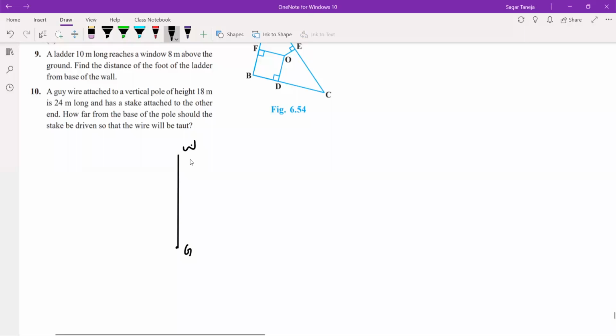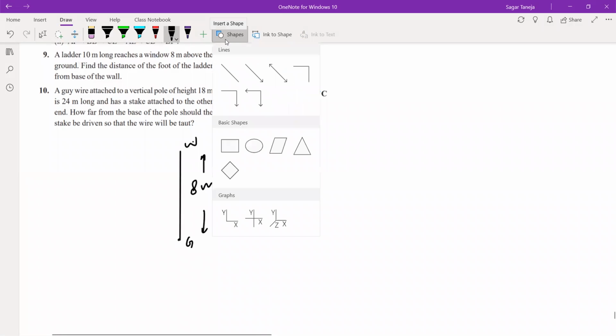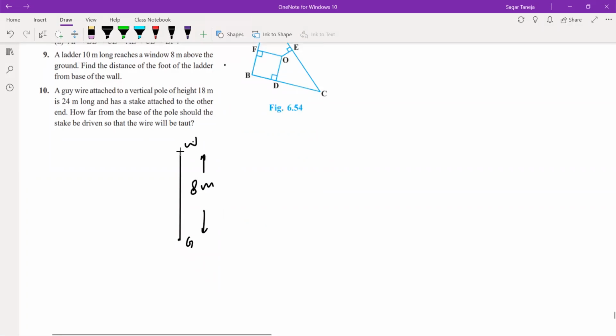So let it be window which is 8 meter above the ground. And after that there is a ladder that is 10 meter long and ladder is reaching window. Ladder is reaching window and you have to find that how far is the foot of the ladder from the ground.